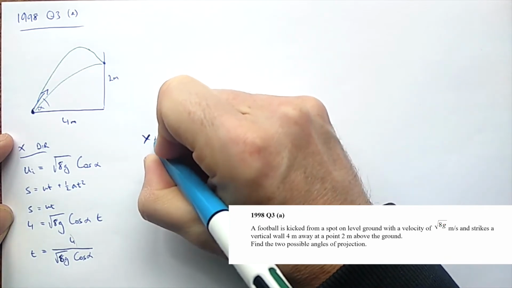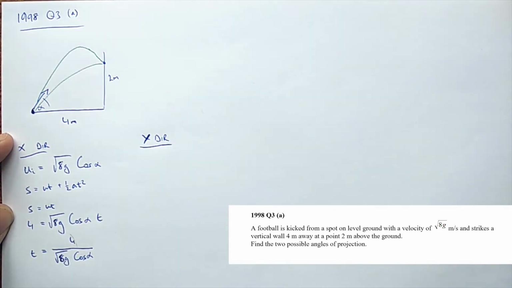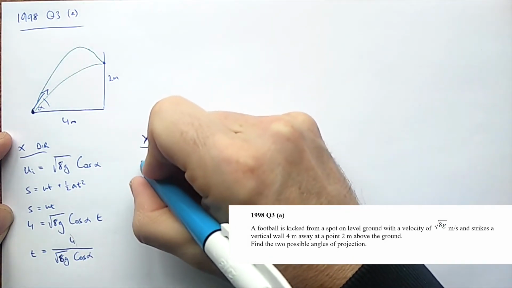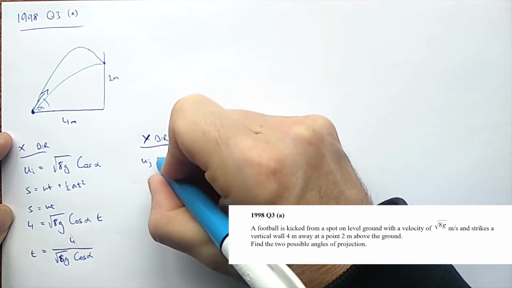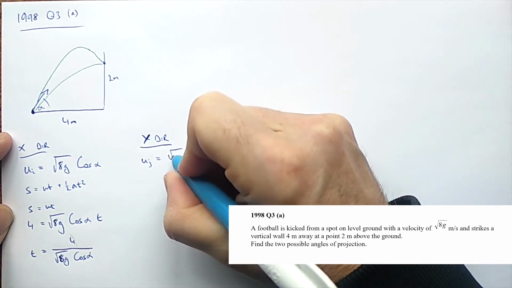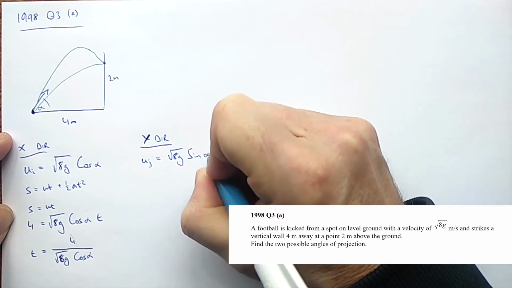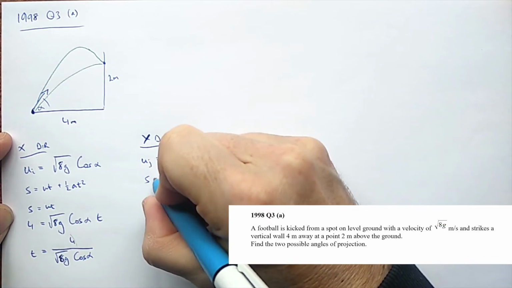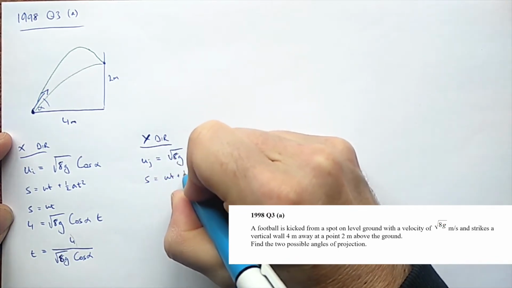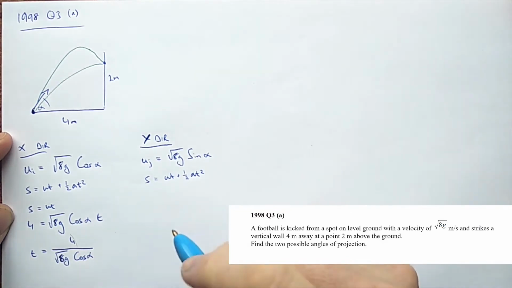Y direction, of course. Now, doing exactly the same thing here, we know that u_j, which is our y component, is going to be simply root hg sine alpha. All right, using our same equation as before, s equals ut plus a half at squared. It's not going to be as tidy this time because we do have acceleration.